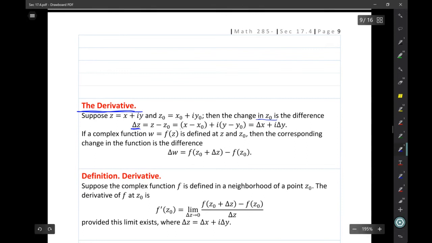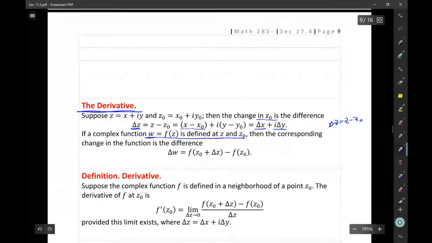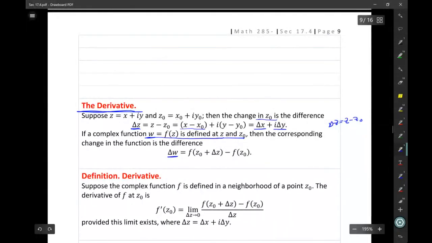So it's x minus x naught plus I times y minus y naught, which is basically equal delta x and delta y. لأنه delta z is equal z minus z naught. الآن, if the complex function defined at z and z naught, then the corresponding changes on this complex number f of z will be denoted by delta w, which is equal f of z naught plus delta z minus f of z naught.